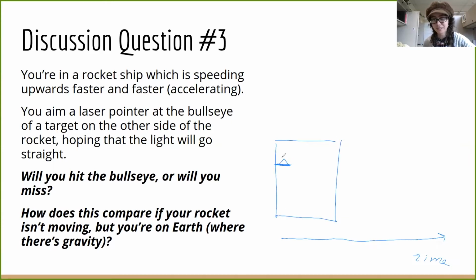You're just standing on this platform, and you have a laser. And you're aiming for a bullseye. So you aim the laser at the bullseye and you shoot it, hoping to hit it for your space target practice.